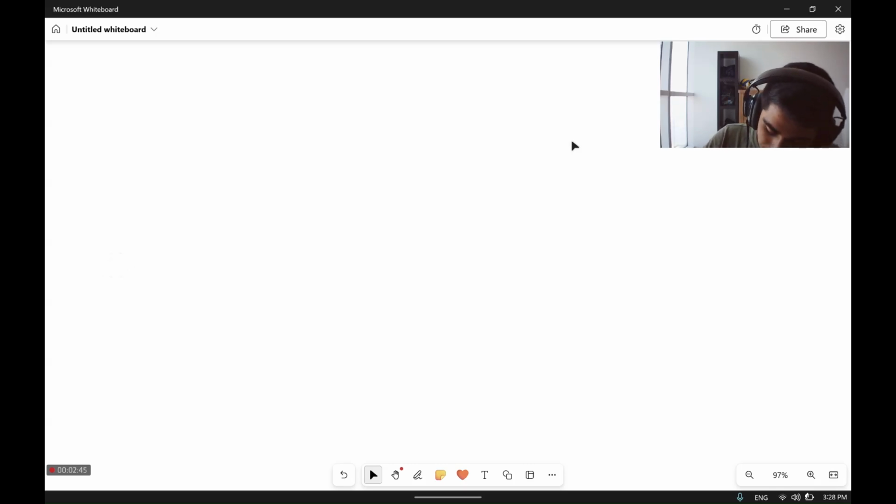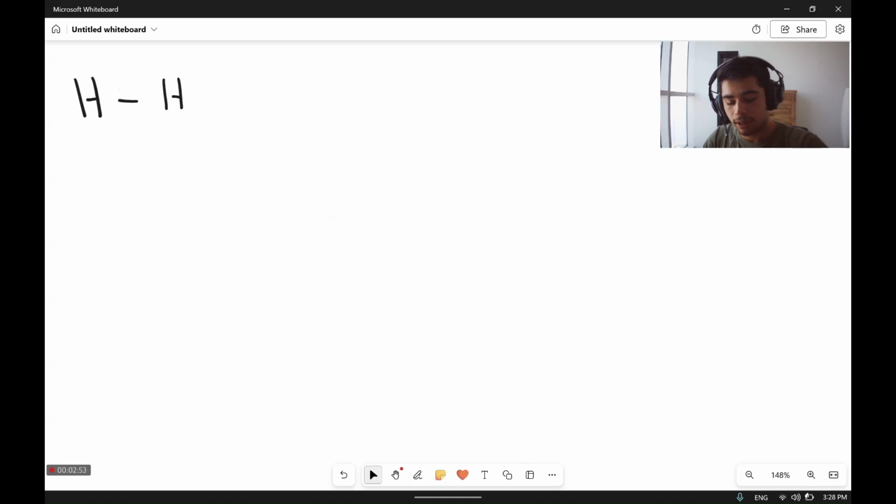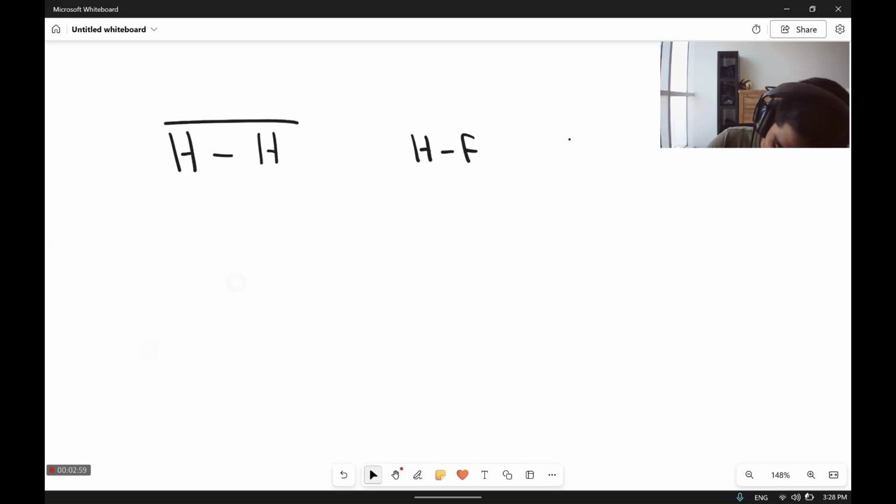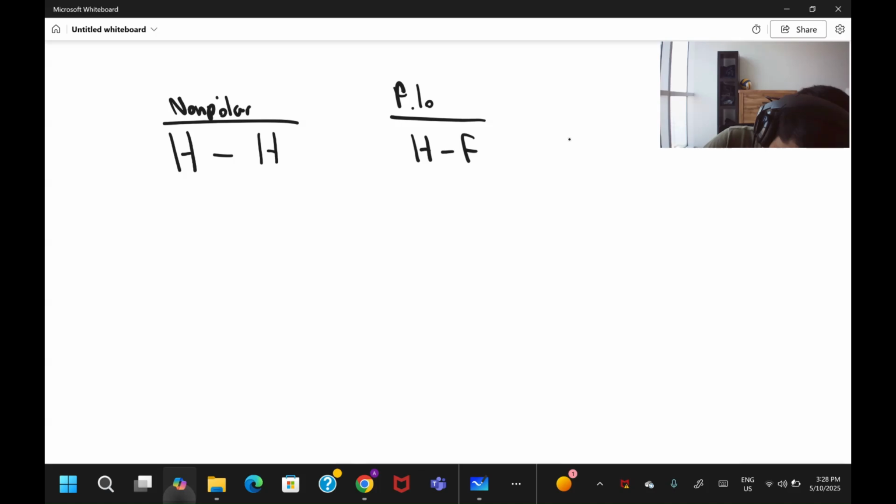An example of a nonpolar covalent bond is, again, hydrogen and hydrogen. And an example of a polar covalent bond is hydrogen and fluorine. So let's go with nonpolar and polar. This is very important to know, so keep this in mind.